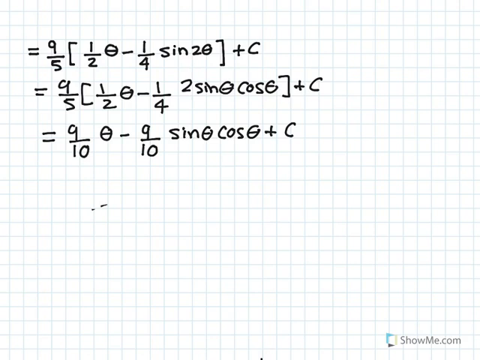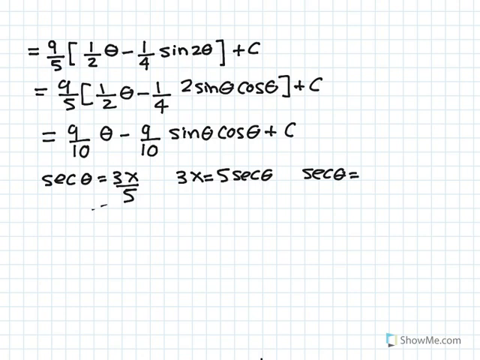Now we can't just stop there, we have to express the result in terms of x. And that's where we have to introduce the reference triangle and change everything back to x. So what we have is secant theta equal to 3x over 5. Our transformation was 3x equals 5 secant theta, so sec theta is 3x divided by 5.